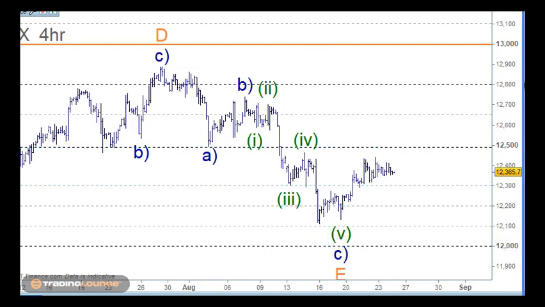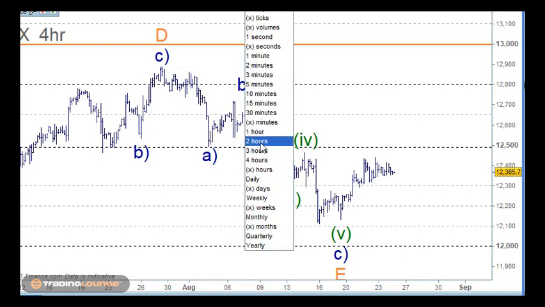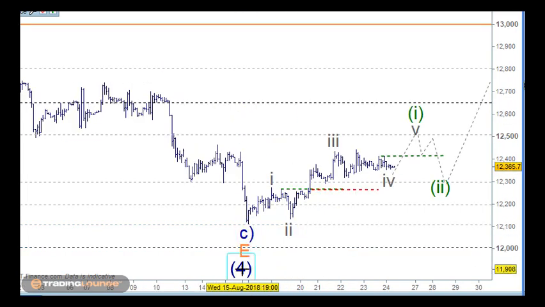If I go to the 2-hour chart here, I've got it sitting on this low here, and in this case we can count this up as wave 1 and 2 here, and then 1, 2, 3, 4, 5 here for the 3rd wave, and then it's really a triangle looking pattern through here.